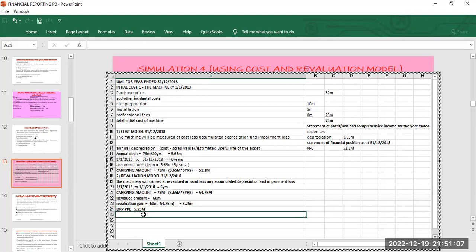And now we are taking this figure to OCI, meaning we are going to be creating OCI in terms of the revaluation gain. The revaluation gain of 5.25 million.